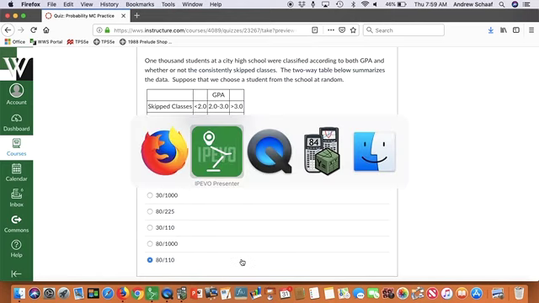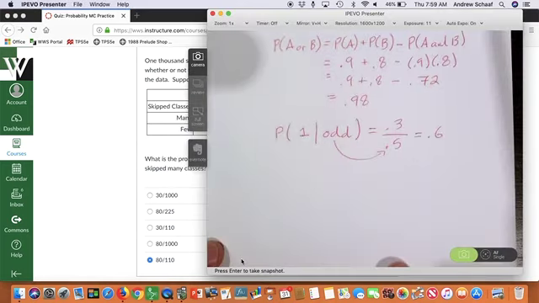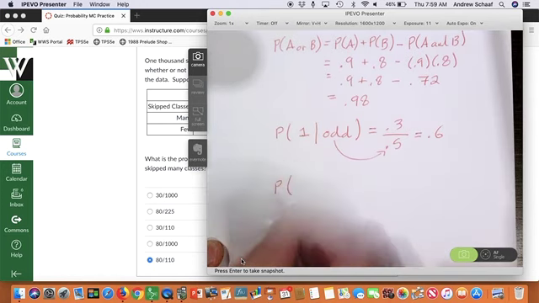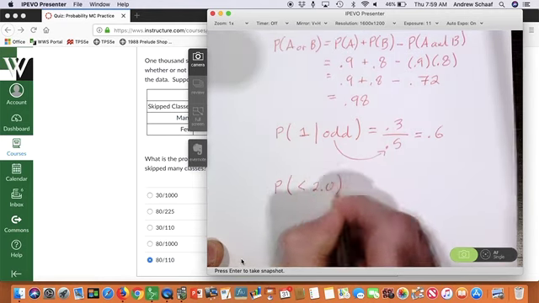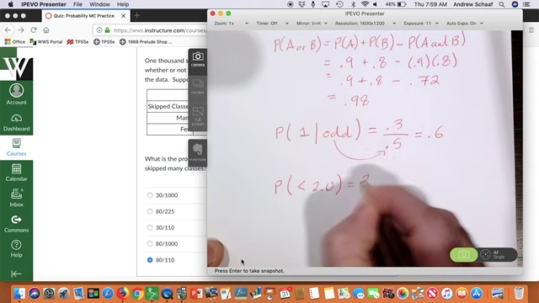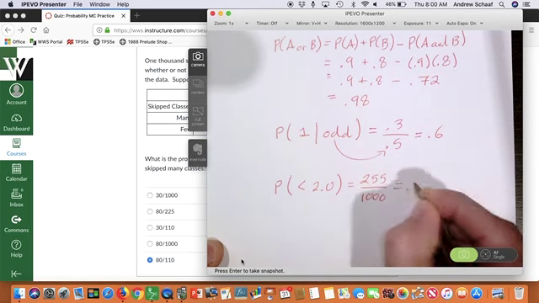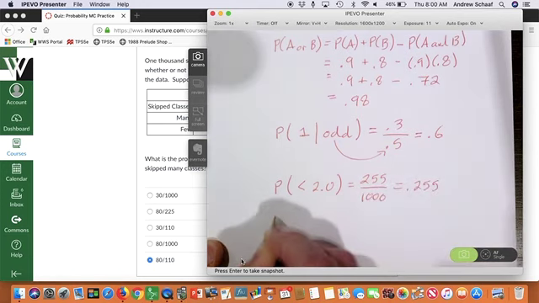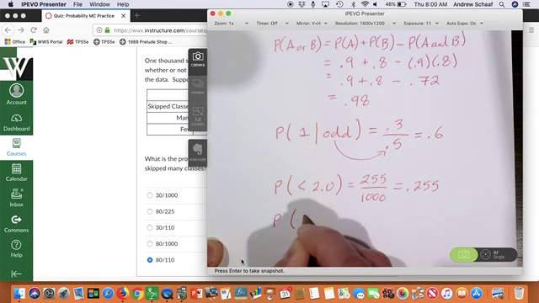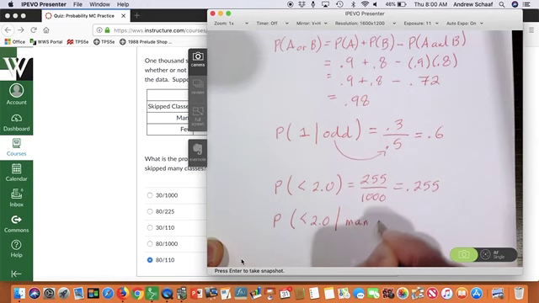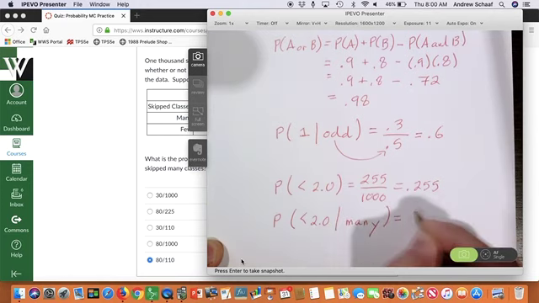So let's write those two probabilities down together so that we can compare them here. The previous probability was the probability of having a GPA under 2, and that was, if I remember correctly, 255 out of 1,000. So that probability is 0.255. And we just found the probability of a GPA under 2, given that they've skipped many classes, as 80 out of 110 in the table.